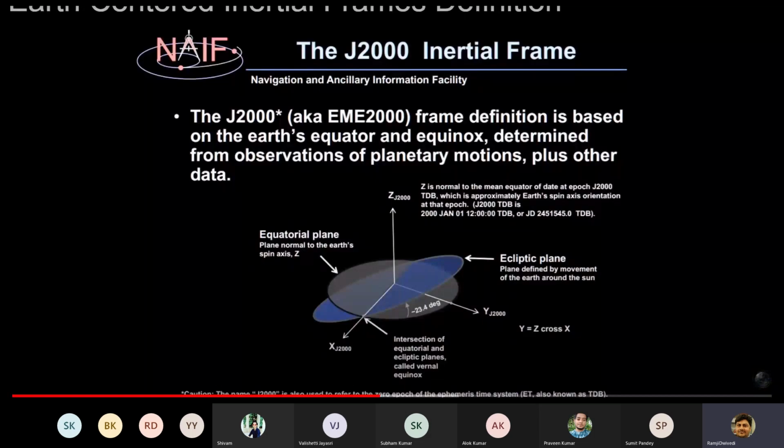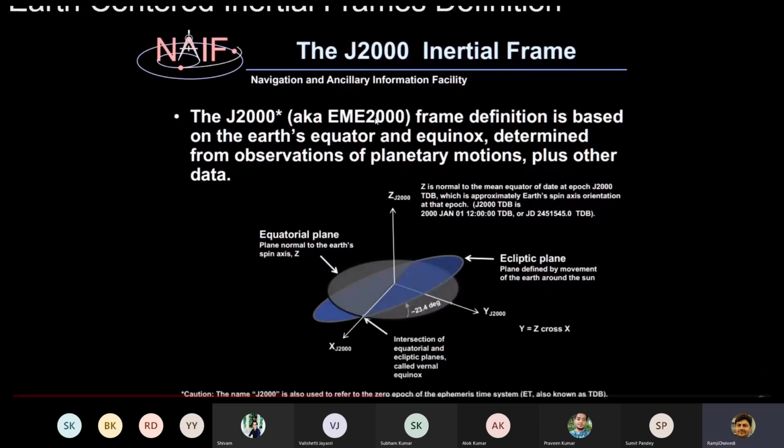So obviously the Z will not be the same as the Z of the Earth-centered, Earth-fixed frame. Here the Z has shifted because it has to cover the 26,000 years of rotation. It will come back to the same Z after 26,000 years. I hope you understand this part.